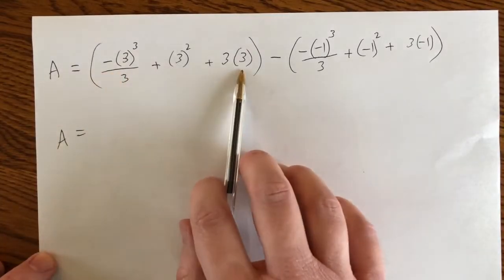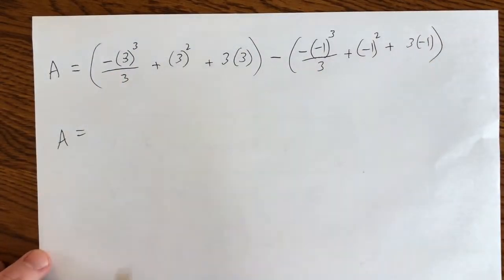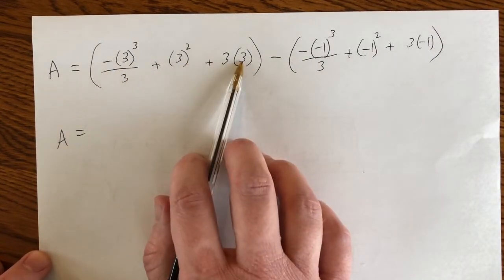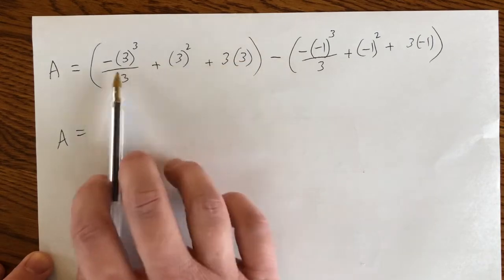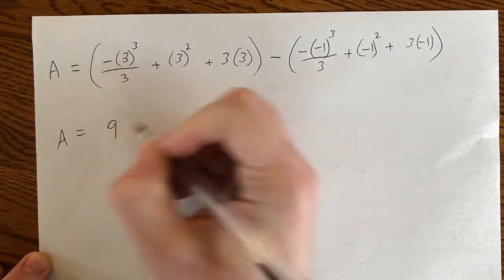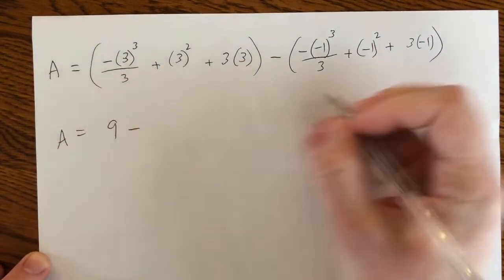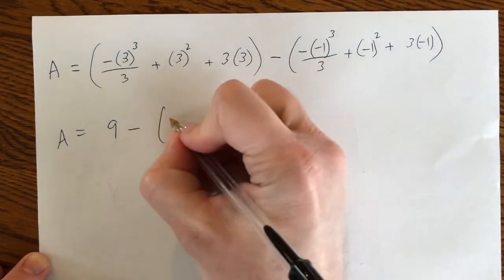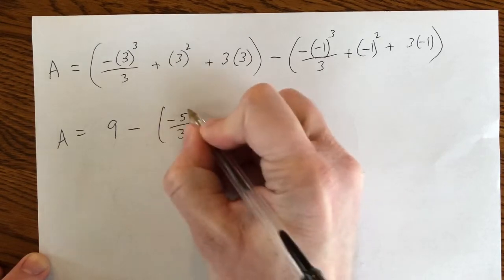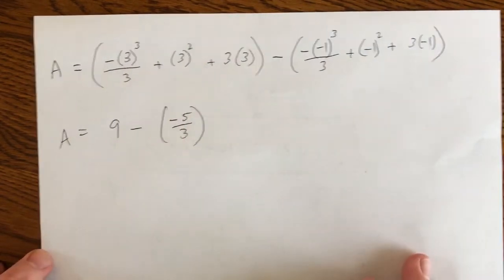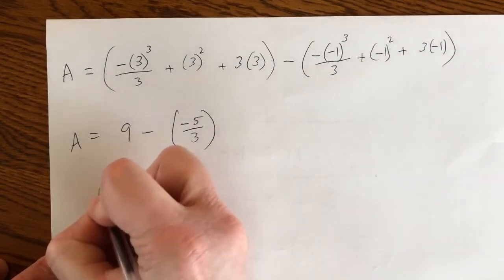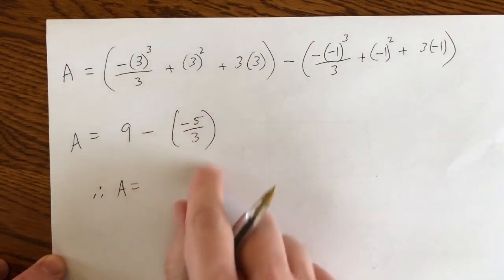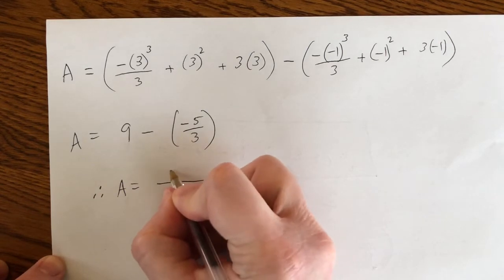So here is what we end up with. And then we just have to compute the value of this expression, which would be 9. And then subtract off the value of this expression, which would be negative 5/3. And so our final answer, therefore, would be what? 9 plus 5/3, which is the same as this.